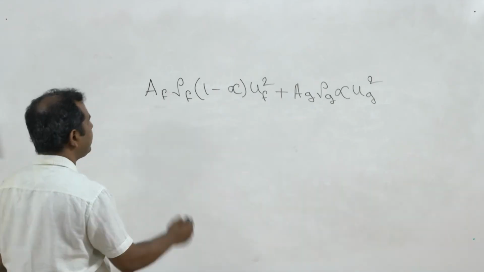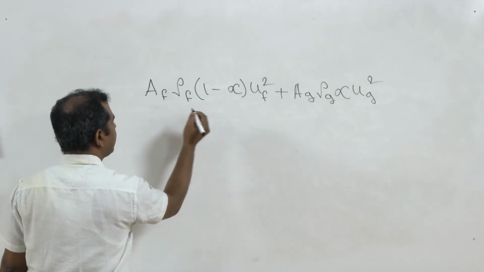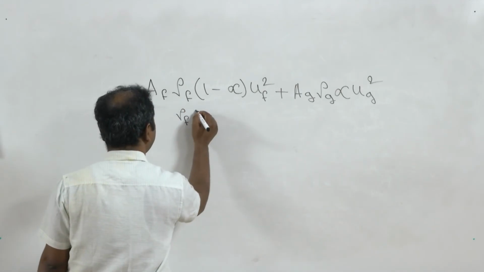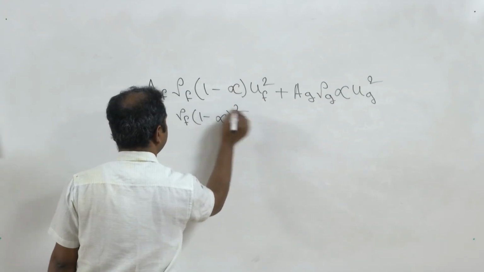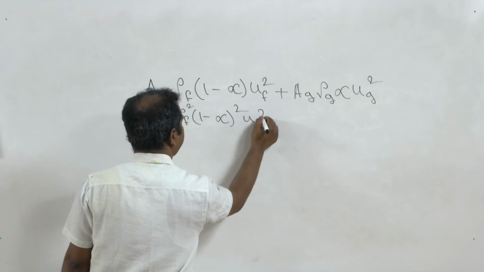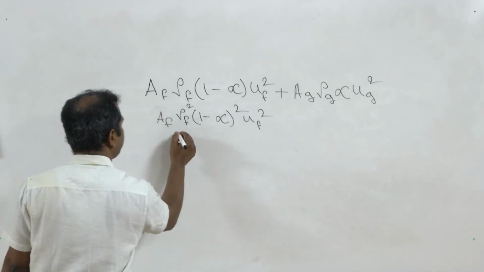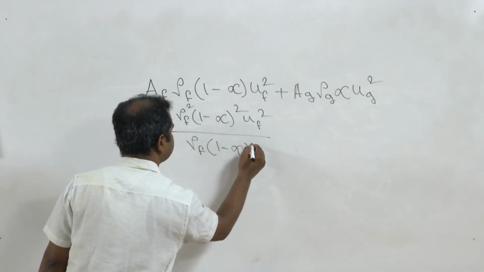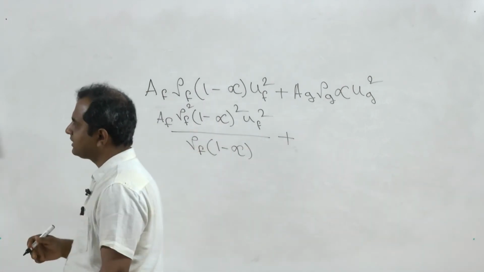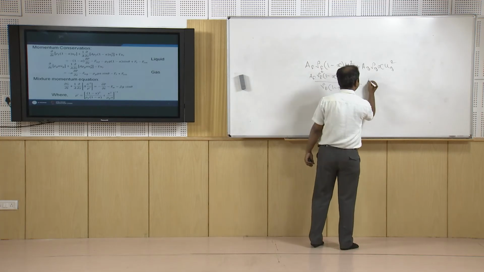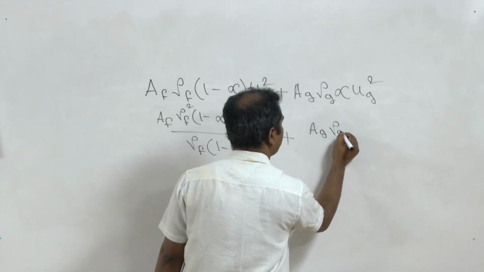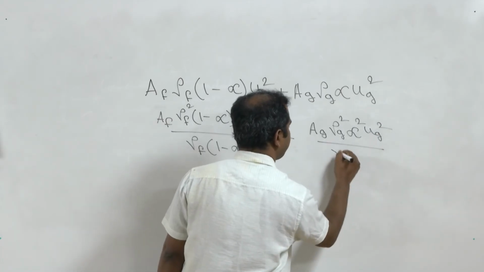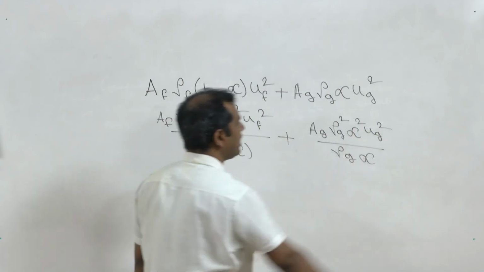So, this term, what we can do over here, say, rho f 1 minus alpha whole square uf square into Af by rho f 1 minus alpha, plus, on the other hand side, we are having Ag rho g square alpha square ug square divided by rho g into alpha, right.